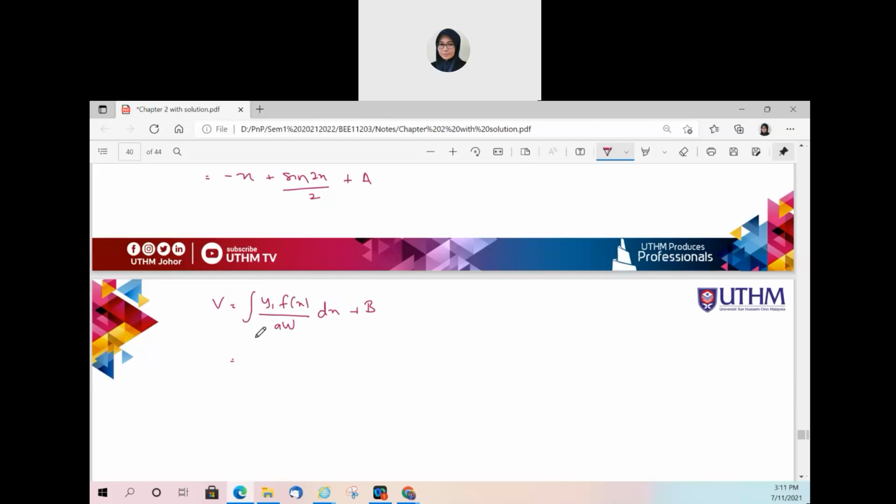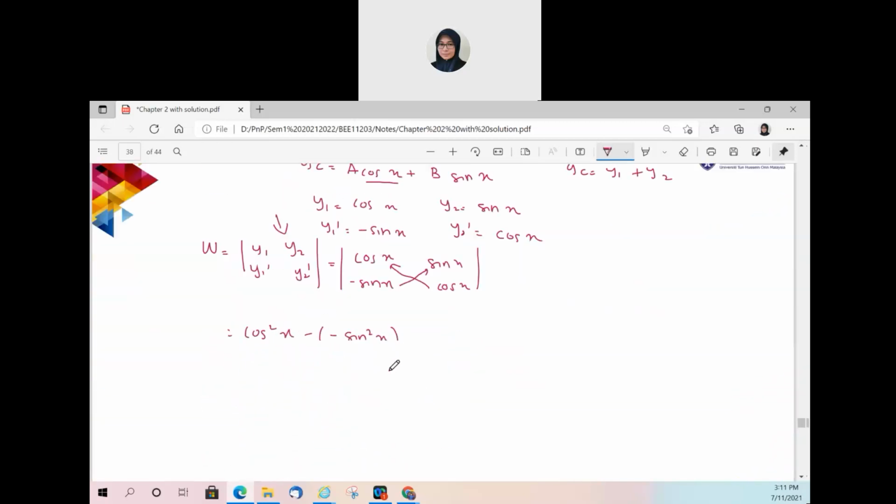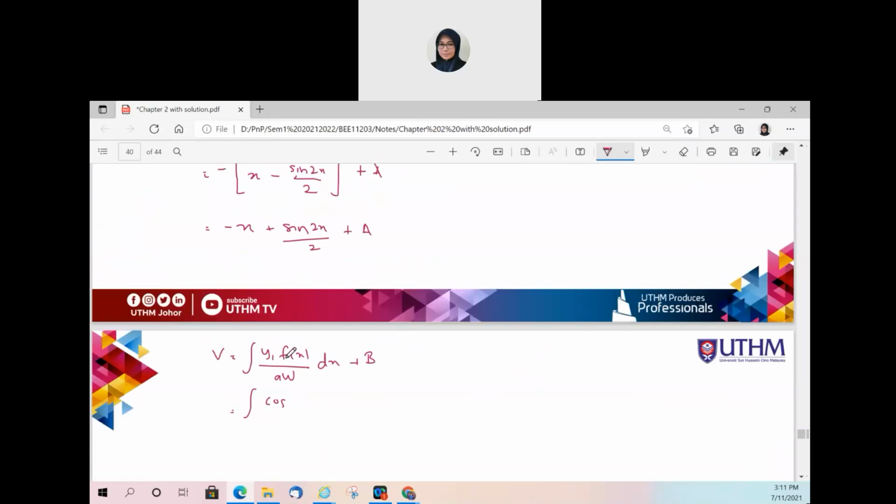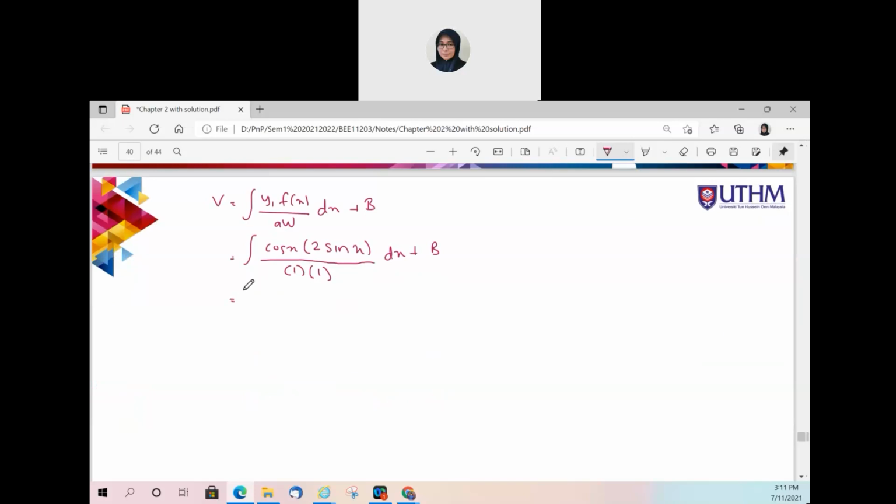So you integrate y1, which is cos x, times fx, which is 2 sin x, divided by a is 1, W is 1, dx plus b. Then equals integrate 2 cos x sin x dx plus b.